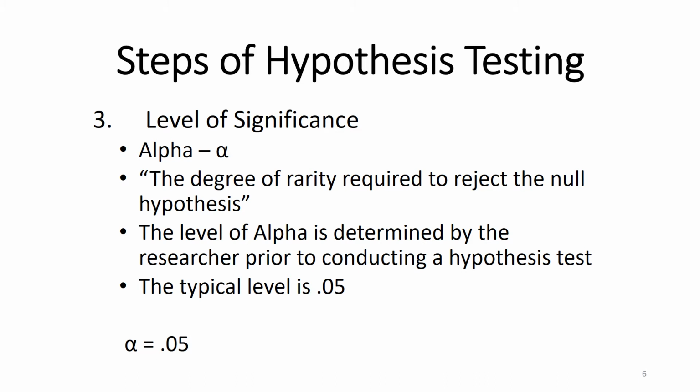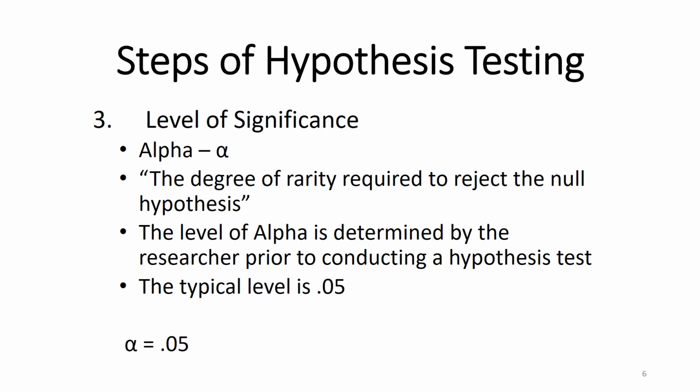Well, now we think back to the idea of rare versus common samples. In order for me to say that I have a truly rare sample, I need to know, well, just how rare does it have to be in order for me to call it rare? That's where alpha comes in.